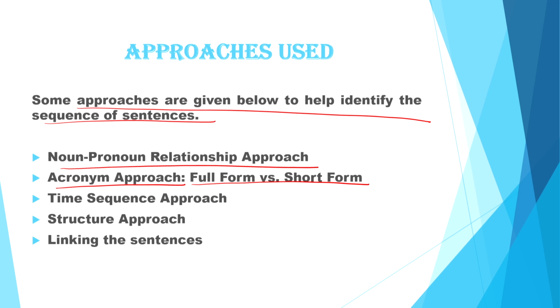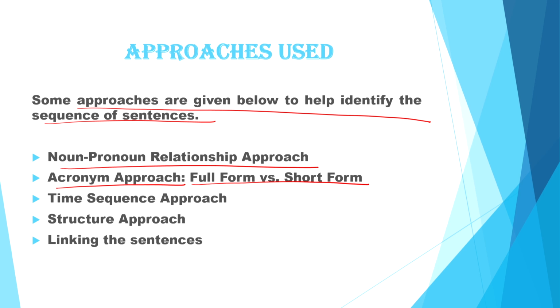If we are discussing an object, we remove the modifiers and just use the noun or a pronoun to refer to it. So, in para-jumbles, we encounter full and short names or sometimes acronyms of some terms or institutions.